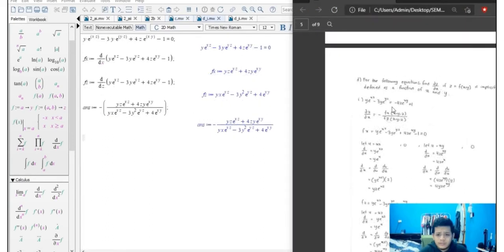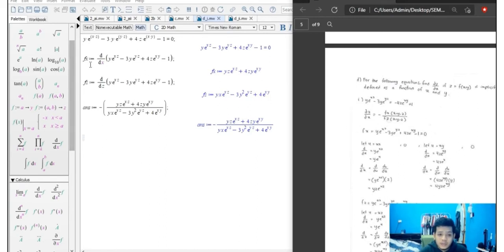For question 4D, the question wants to find z, implicitly defined as a function of x and y. So we input this equation into Maple and it must be equal to 0. What we must do first is find fx and fz, because in my manual calculation this math formula uses dz per dx equal to negative fx per fz.